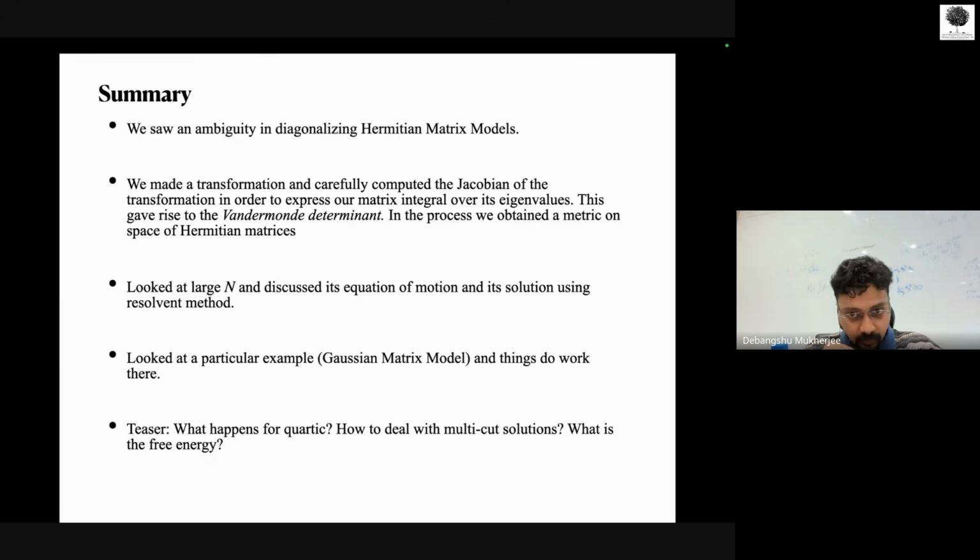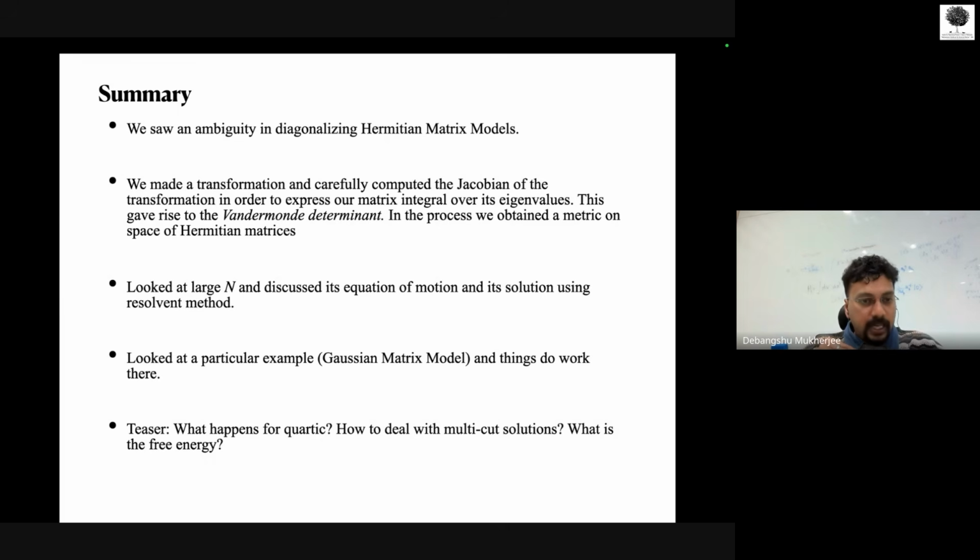We recovered the Wigner semicircle law, and we in fact also discussed the general case of when we do not have symmetrically distributed eigenvalues. So things like this can be used for cubic, quintic, and so on and so forth matrix models.